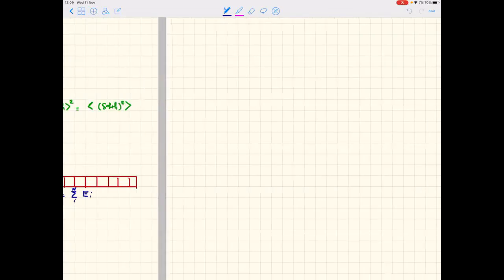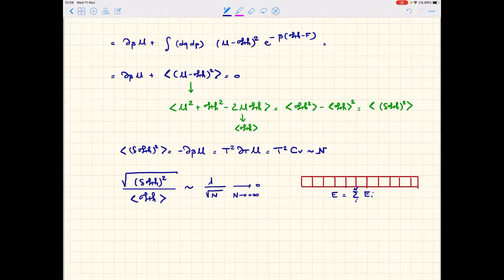Which one actually proves that it's equal in the thermodynamic limit? Well, if the fluctuations are much smaller than the average, right? So the fluctuation is the delta. Yes.